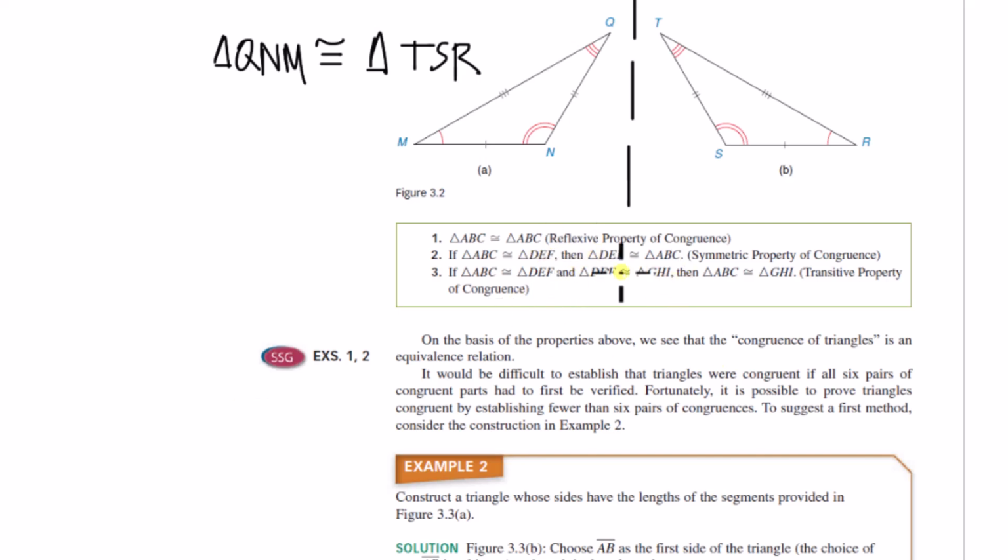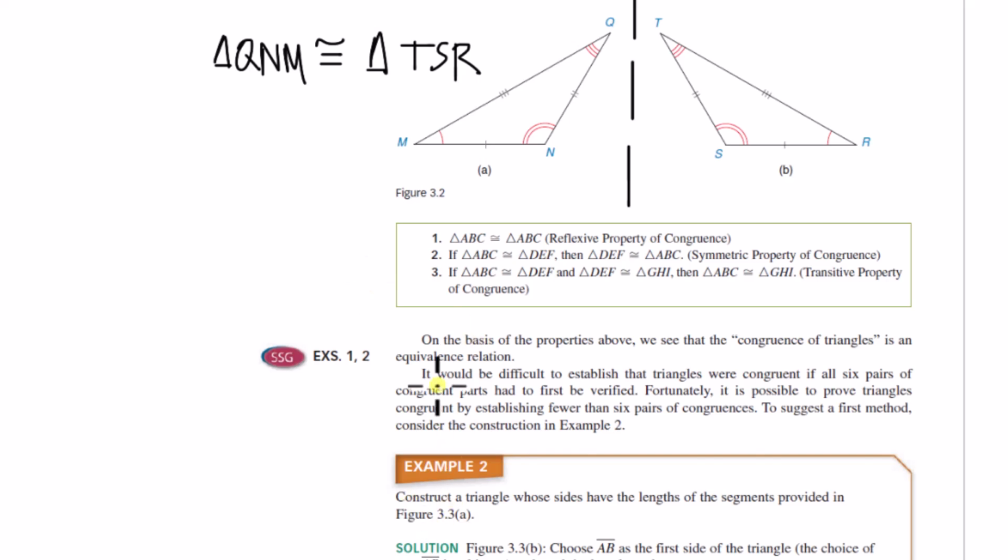It has the reflexive and symmetric property, and congruence also has the transitive property. So the transitive property was if A is equal to B and B is equal to C, then A is equal to C. Congruence has this property as well. And that's why congruence is called an equivalence relation. We talked about all of this in chapter 1. And they're just stating these properties here because they're going to be used in later proofs and explanations.